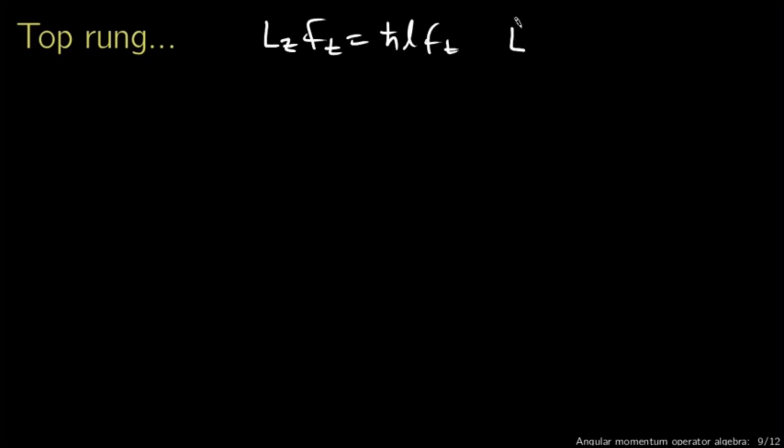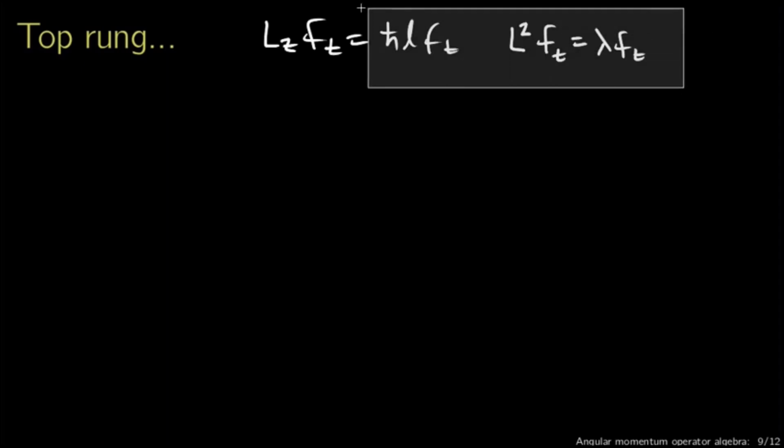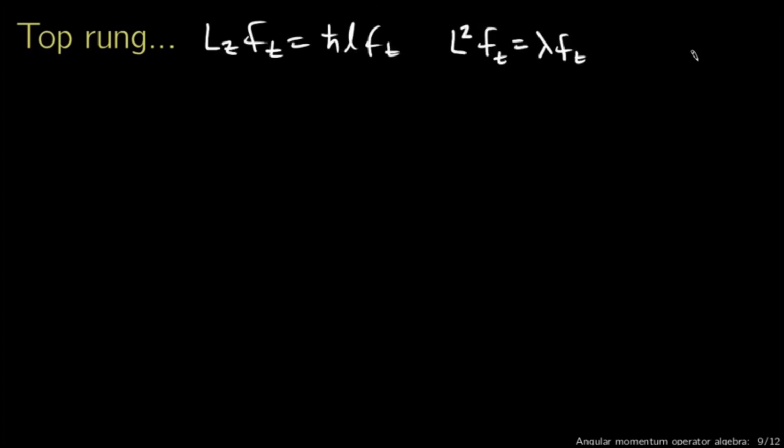Since this is a simultaneous eigenstate of Lz and L squared, I also have L squared f_t is equal to, and I'll just leave this one as lambda f_t. I also have my condition that I'm working with the top state here, which was L plus acting on f_t is equal to 0.